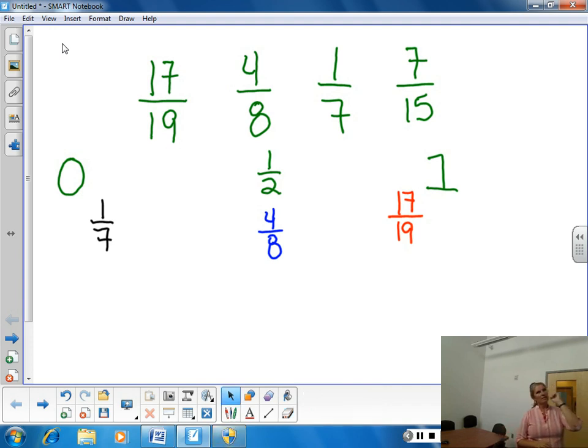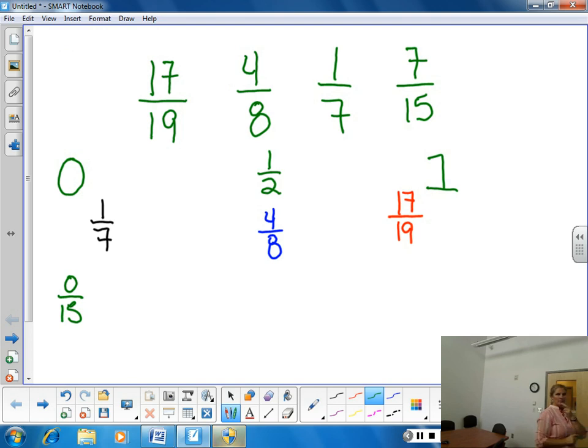But now I have 7/15, and I need to put that in there. If I had 0 out of 15, I'd have 0. If I had 15 out of 15, I'd have 1. And what's half of 15? Take 15 and divide by 2, and you get 7.5. So 7.5 out of 15 would be half.